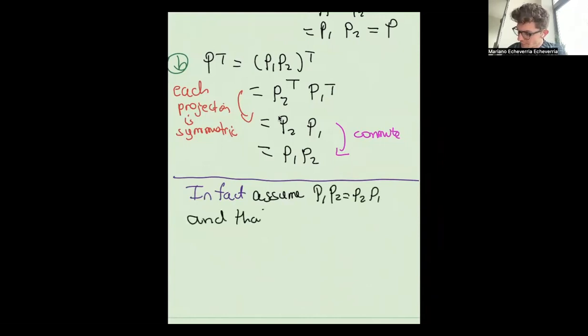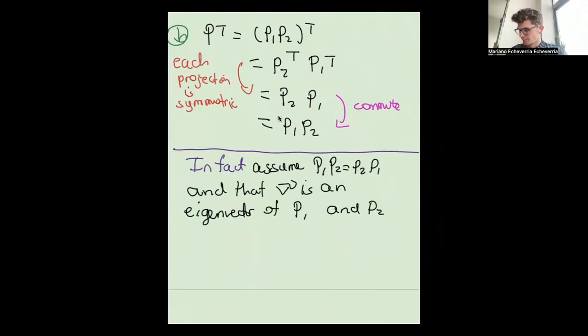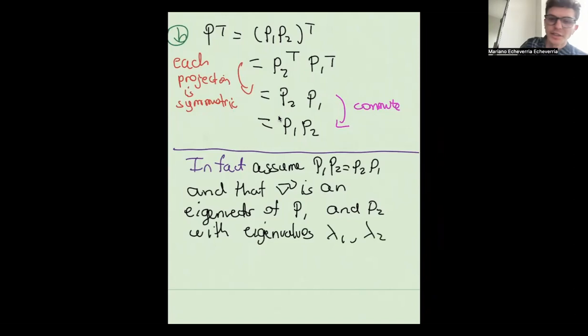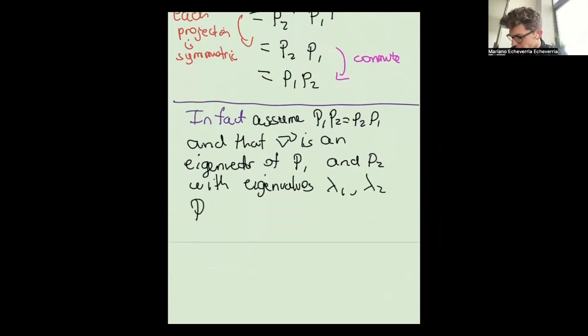And V is an eigenvector of P1 and P2 with eigenvalues lambda 1, lambda 2. So what I'm saying in this condition is that P1V is lambda 1V and P2V is lambda 2V.